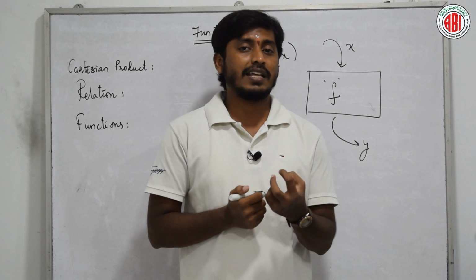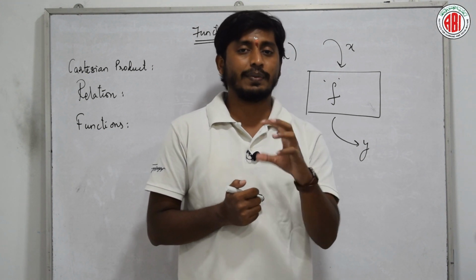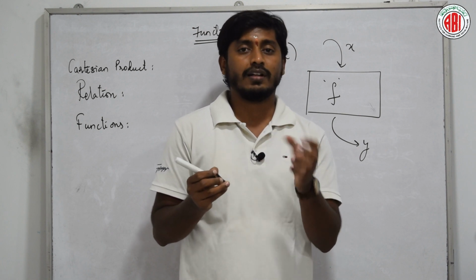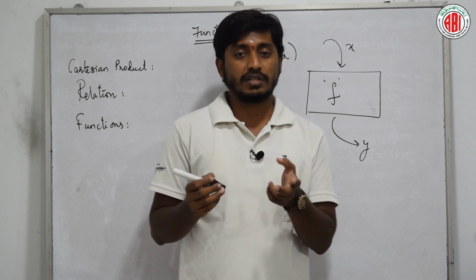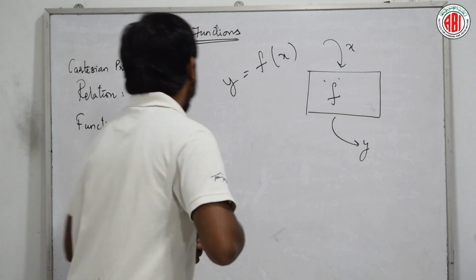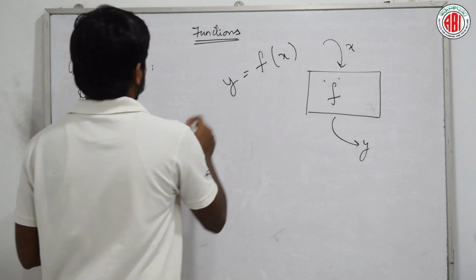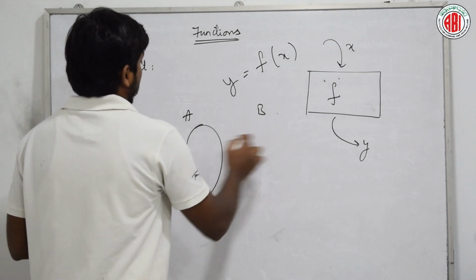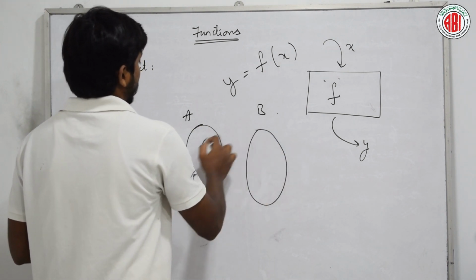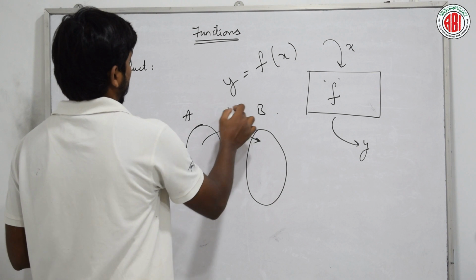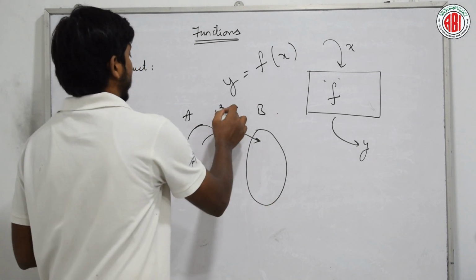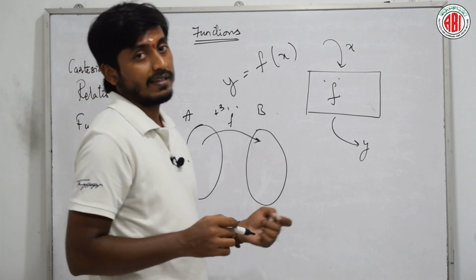Similarly, with the continuation of set, we will discuss what is a relation. A relation is some kind of common thing between the two sets. For example, if I say some set A and set B, and from set A to set B there is some kind of relation, which means if I add plus 3, then I may get the number of this set.